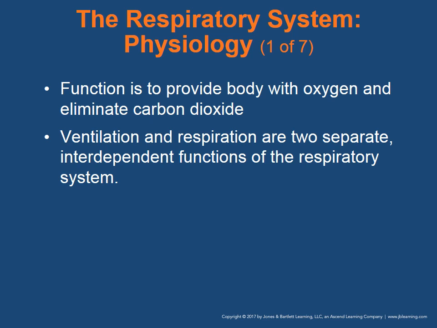And if they need high flow oxygen but don't have a ventilation problem, let's say they're showing signs and symptoms of shock, and we talked about how to treat for shock: lay them supine, keep them warm, high flow oxygen. But they're not having a ventilation issue. They're moving air just fine. They just need a bump in the amount of oxygen they're getting, because maybe half their red blood cells are on the ground because they're bleeding out.